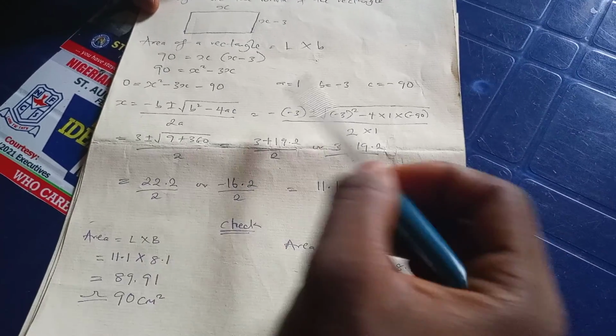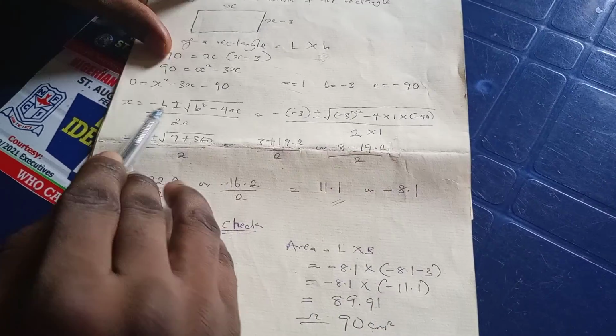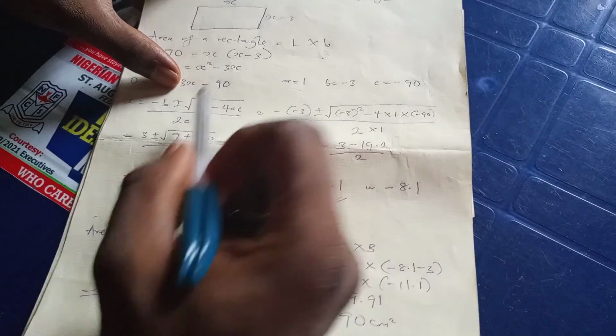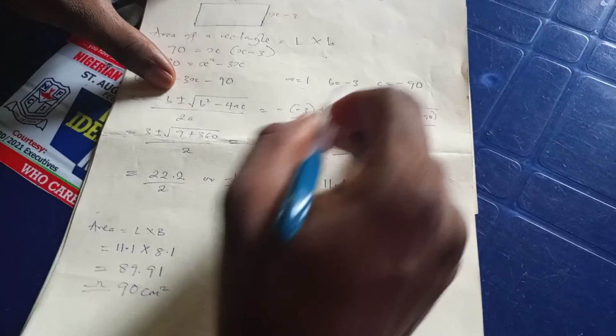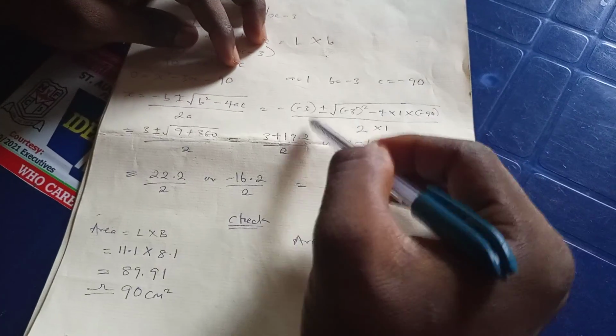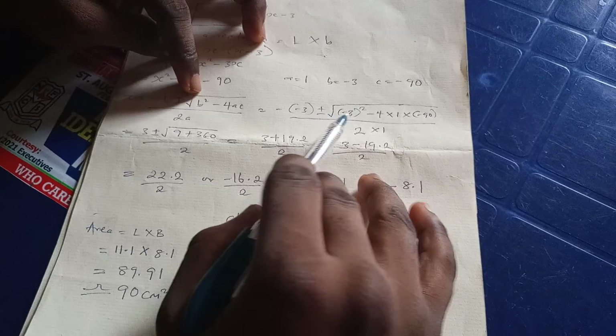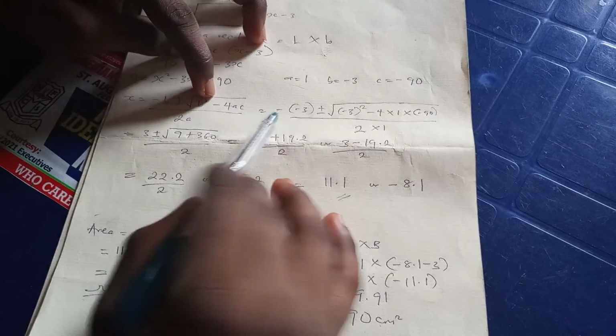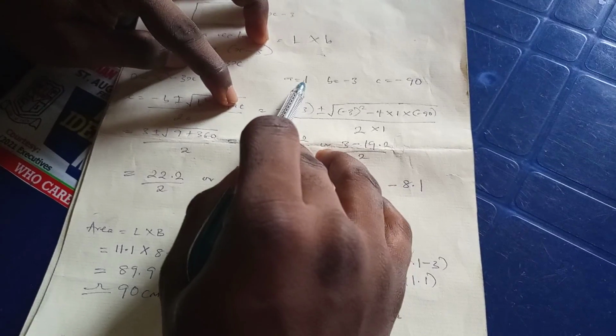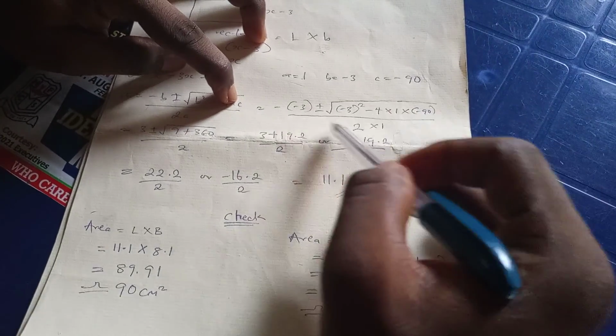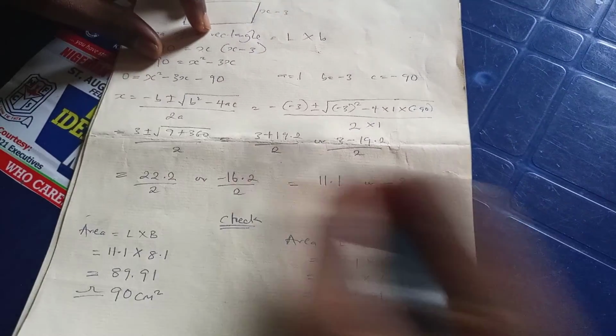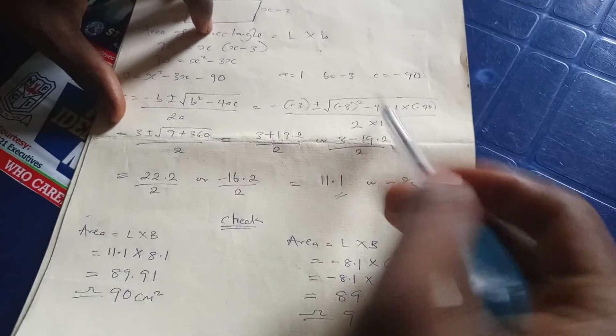I input all my values in the quadratic formula. The b here is already minus 3. The b squared here is minus 3 squared. Then minus 4 times 1, which is the a, multiplied by the minus 90, and this is the expression now, all divided by the 2a, that's 2 times 1.